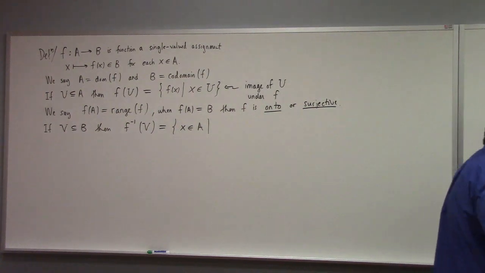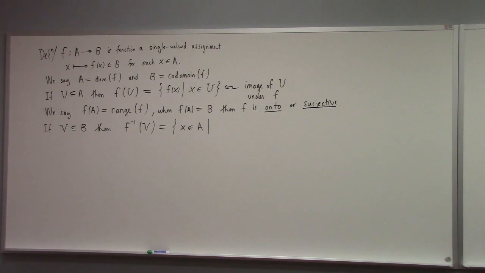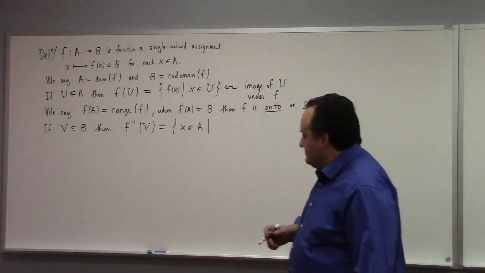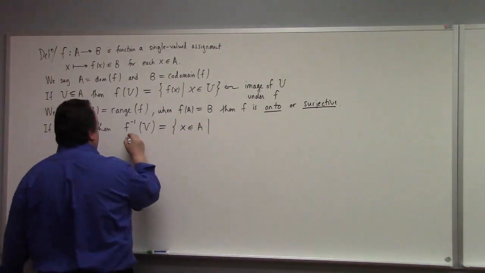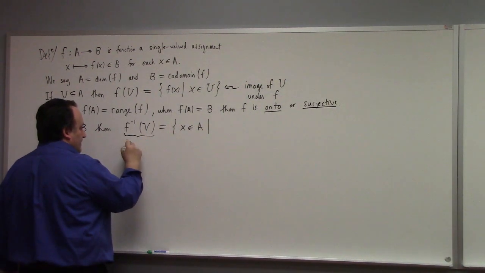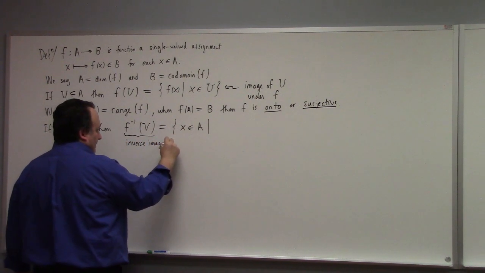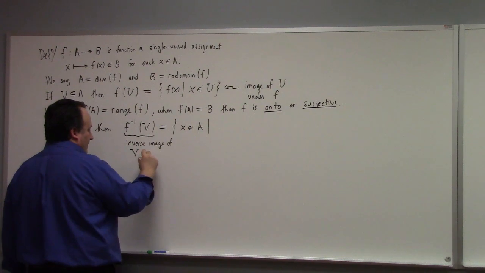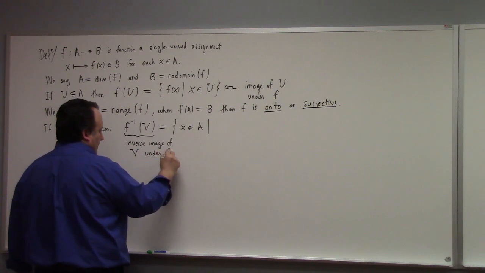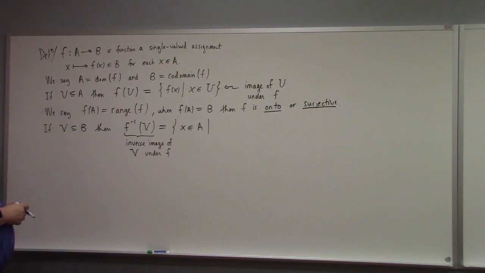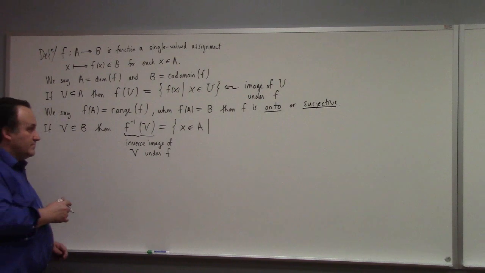How should this be defined? This is called the inverse image of V under F.